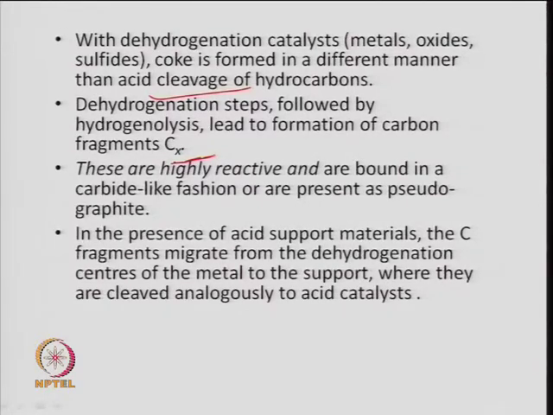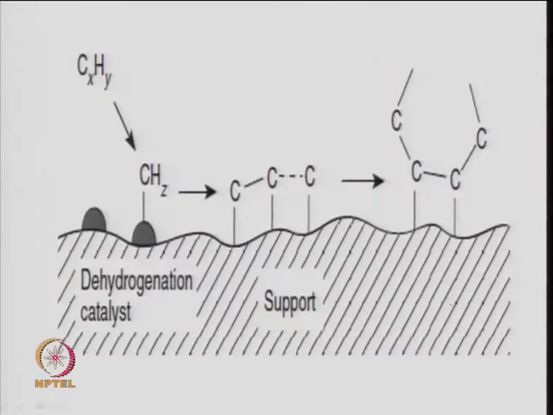So, in the presence of acid support material, the carbon fragment migrate from the dehydrogenation center of the metal to the support. So, this is a kind of migration from the metal to the support side, where they are cleaved analogously to acid catalyst. So, this is the mechanism shown here, that this is a kind of support. So, this is a dehydrogenation active site.